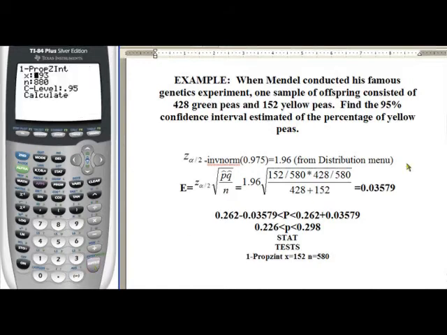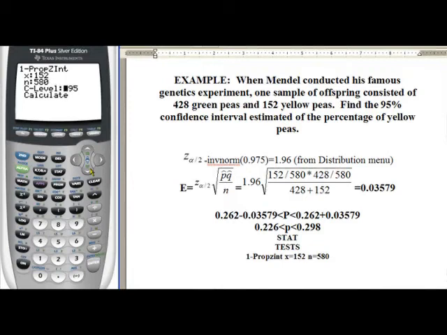Now, we're talking about the yellow peas, so x is going to be however many yellow peas they were talking about, 152, and n is your total number. So you can actually let your calculator calculate that, 428 plus 152.